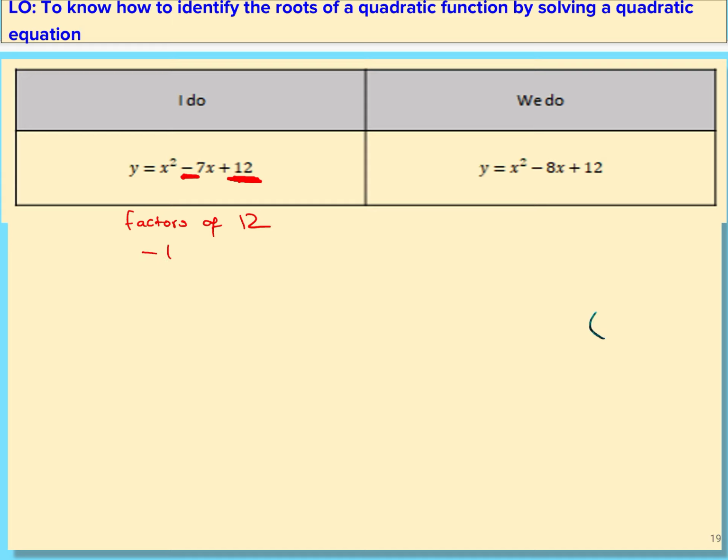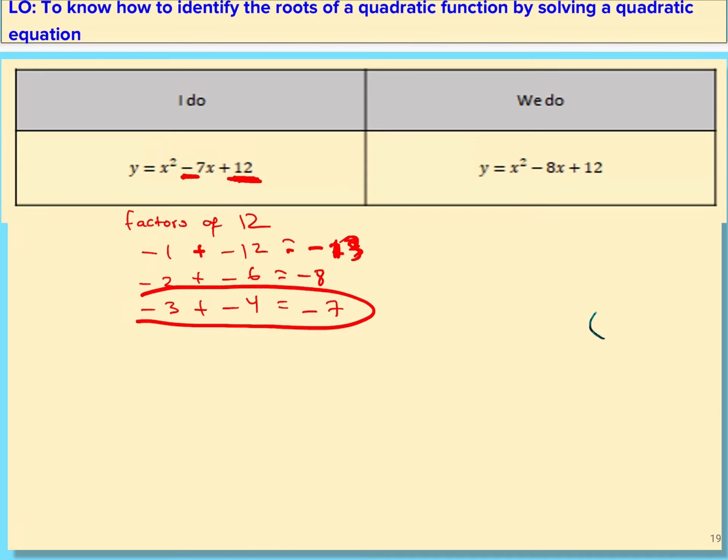We're doing this because we're factorizing it back into the brackets, and we need to see whether, when we multiply out the brackets, it will be correct. So we look at the different factors of 12. We can tell that the factors will have to be negative because when they add together, they have to equal -7. So we're going to start listing the negative factors of 12: -1 and -12, -2 and -6, -3 and -4.